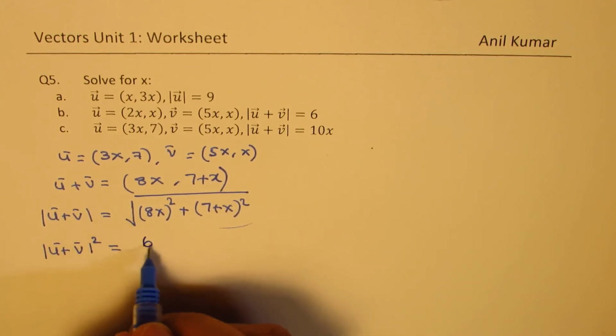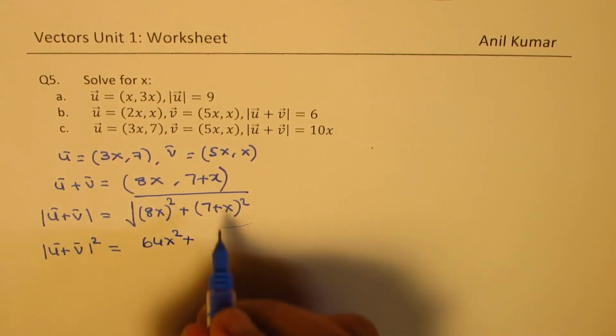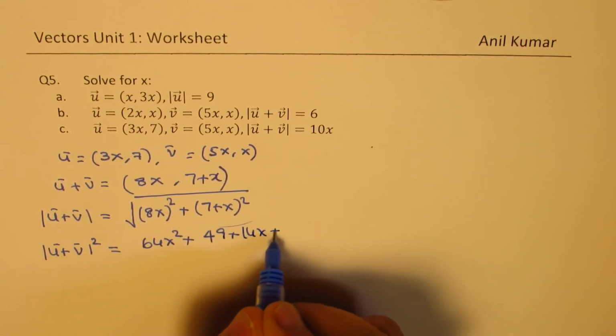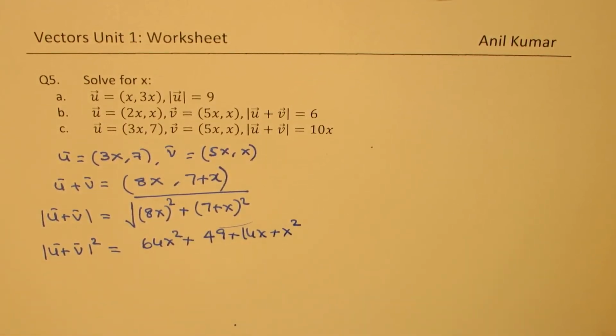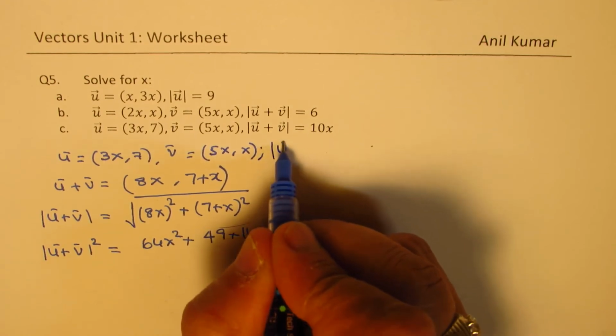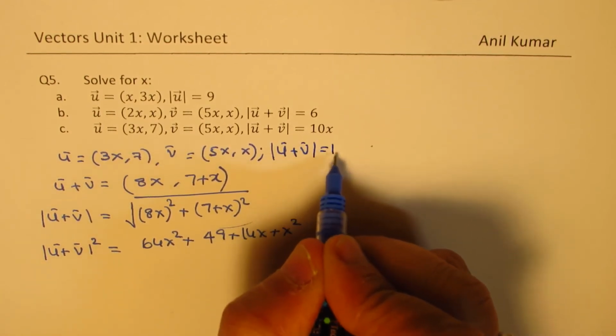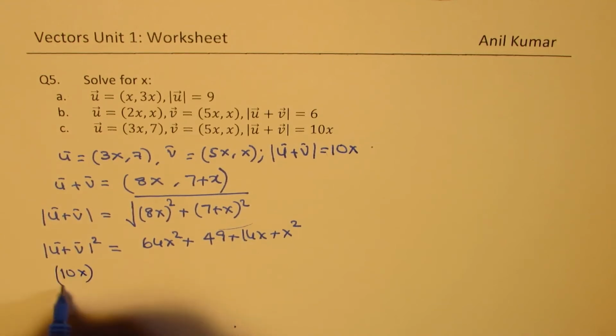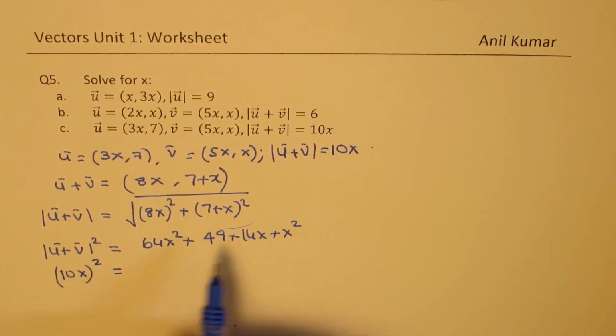So let me write this as 64x squared plus, let's expand this, 49 plus 2ab, which is 14x, plus x squared. The magnitude is given to us as 10x, right? So we'll replace this with 10x whole square equal to all this.